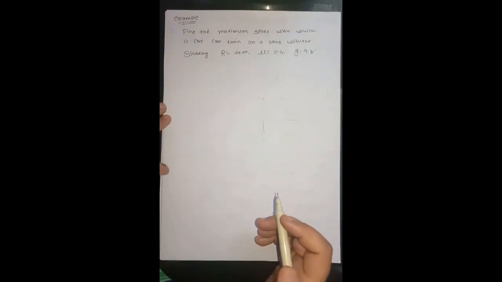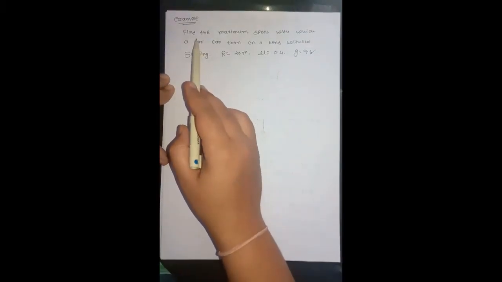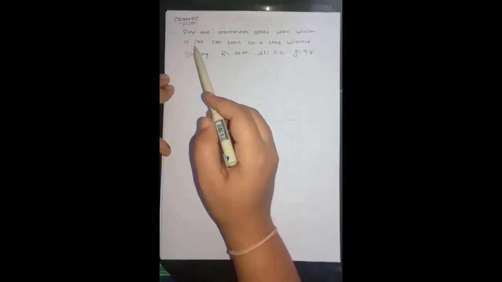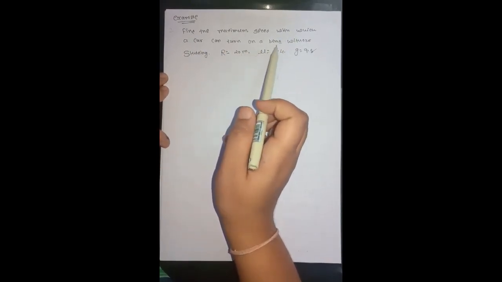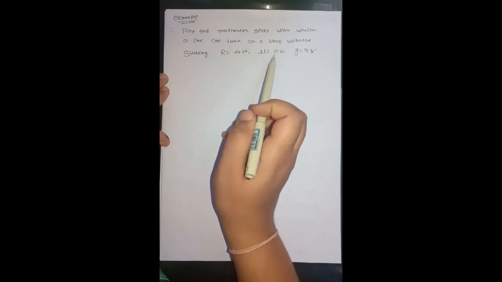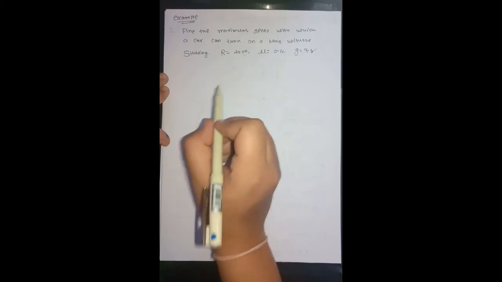Let us see one example on it. In the question, find the maximum speed with which a car can turn on a bend without skidding. That means we want to find the maximum speed. The radius is given 20 meters, mu is given 0.4 and g is given 9.8.